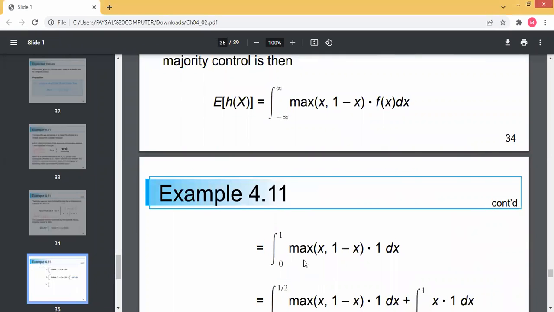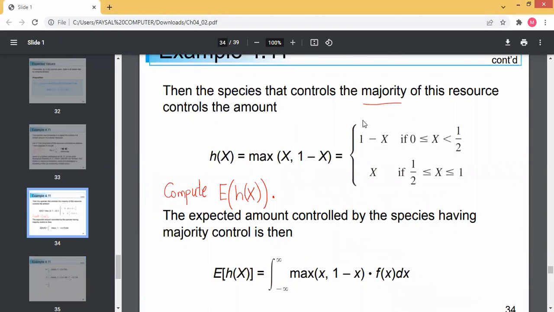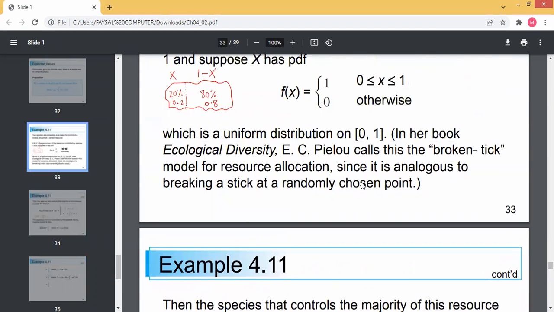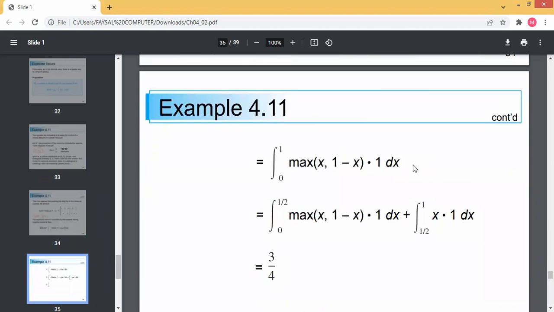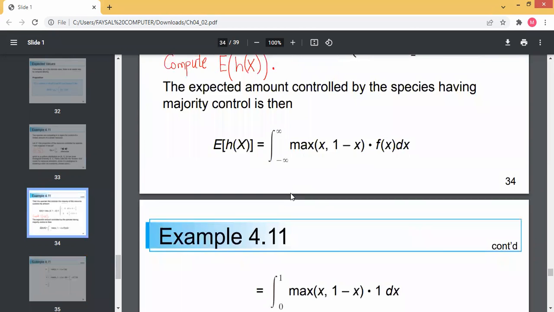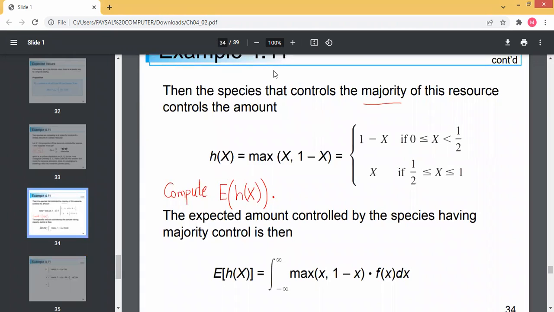So now it will be f of x, the function value. The function value given is 1. So my value of f of x will be 1. I have to take the two intervals. First, it is from 0 to 1, but it is a piecewise function. Piecewise function means the first interval starts from 0 to 1 upon 2, and the second is 1 upon 2 to 1.